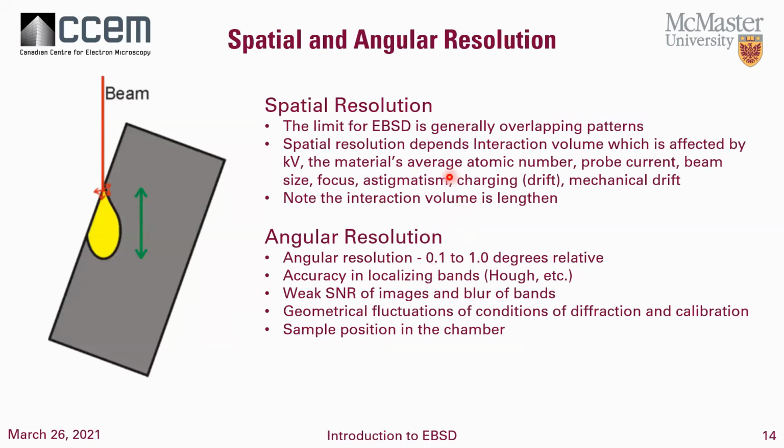Now, if we're talking about the spatial resolution when we're doing EBSD, generally the limit is overlapping patterns. Because we're looking at a certain interaction volume, if we get more than one pattern present, it's sometimes very difficult to separate the two patterns and determine what's actually there. It's also affected by the interaction volume produced by the SEM and the conditions that we have.